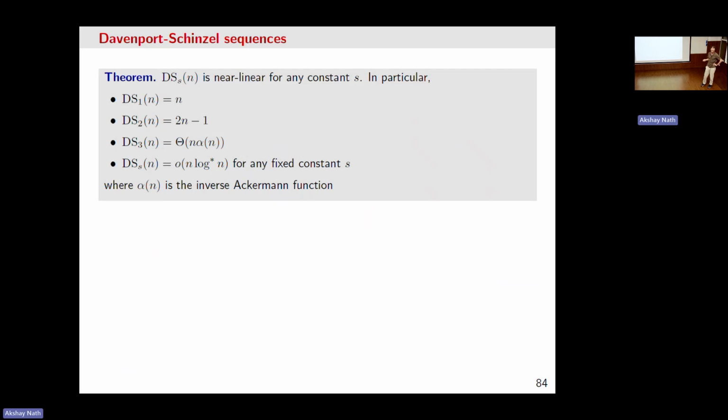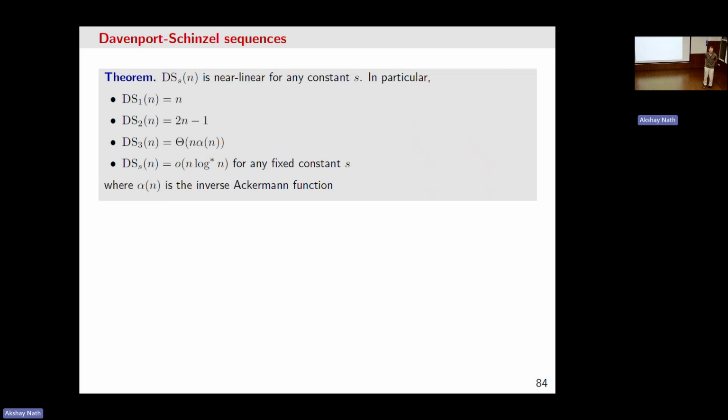And these are sort of the general bounds. The important thing is that whatever your constant is, you take any constant, then it's almost linear. For instance, it's smaller than n log star n.